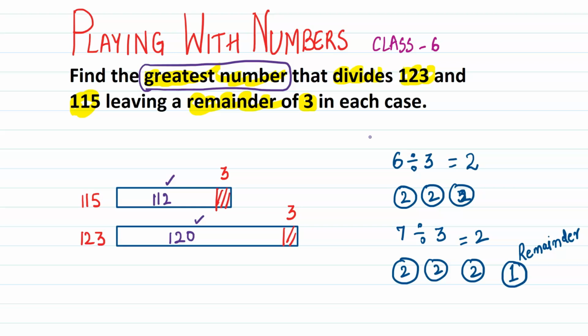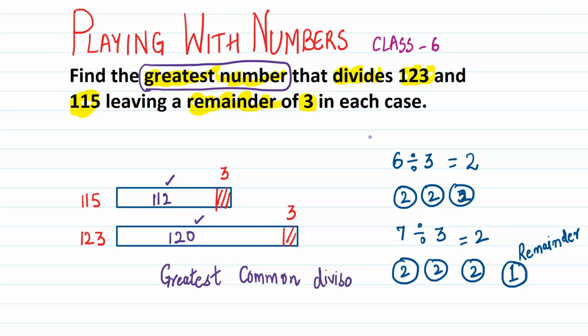So I can write the word greatest over here, and it should be common to both of them, so I write here common. And because it has to divide 112 and 120, that means it should be a divisor of these two numbers. I can write divisor.